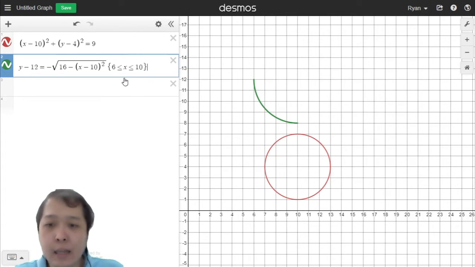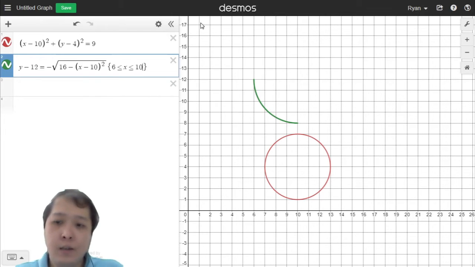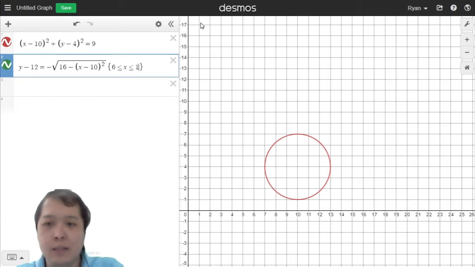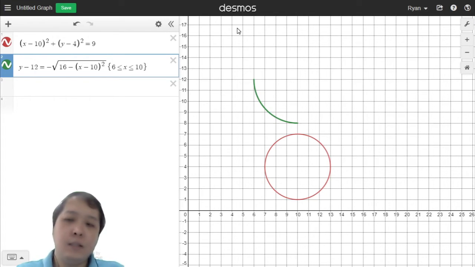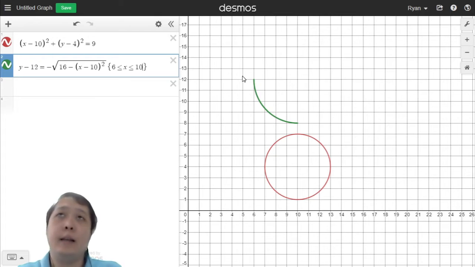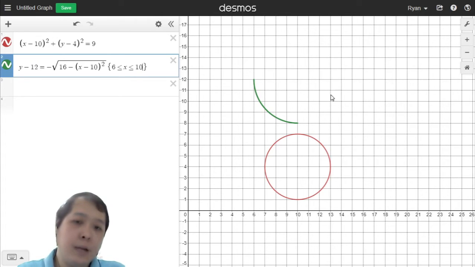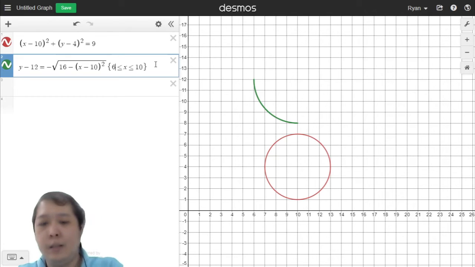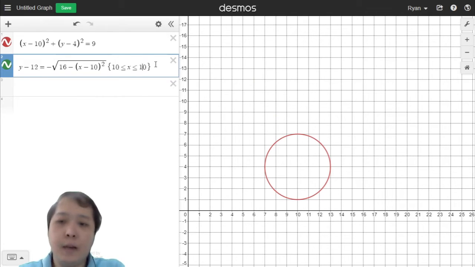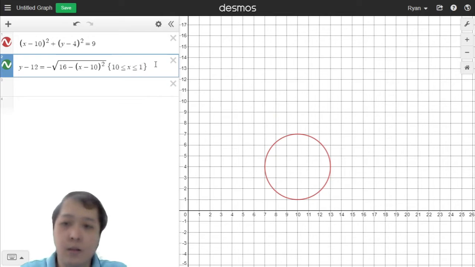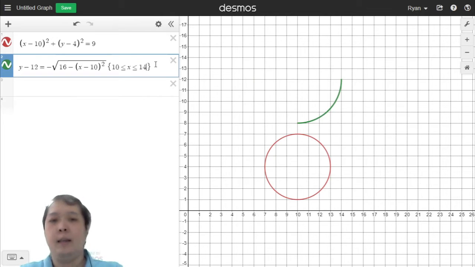And what's next? We can do this also, but I don't think we need that one. We just stop at semicircle and quarter circle. Okay, and what about the bottom right part? Simple. I think you have known already. Just modify the interval of x here. Can we modify the y part?